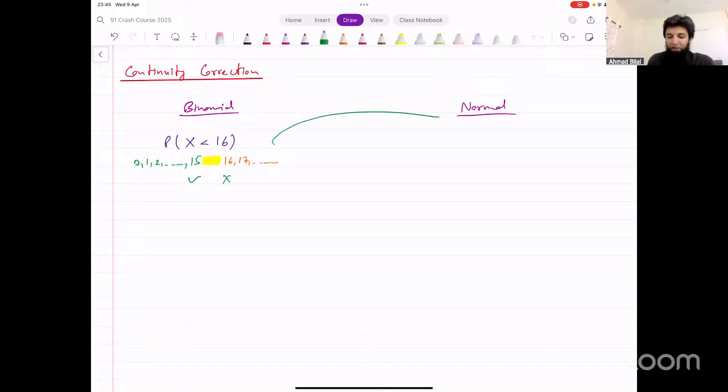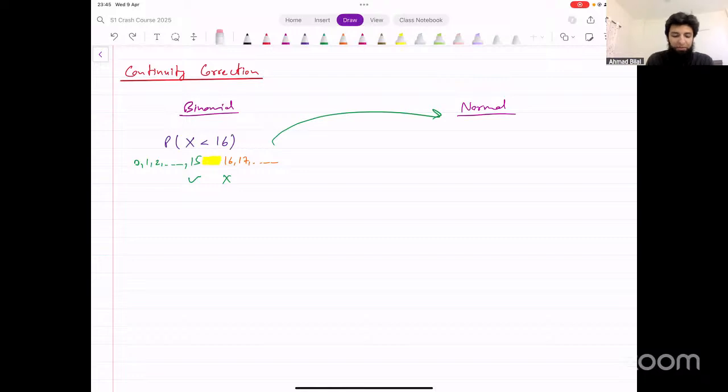Now, when we convert that to normal, in normal we could have decimal values as well, which we could not have in binomial. So in binomial, that was not a problem, that 15 is included and 16 is not included. But when we convert it to normal distribution, we can also have decimal values. Because of that, we have to be clear what to do about the region in the middle between 15 and 16.